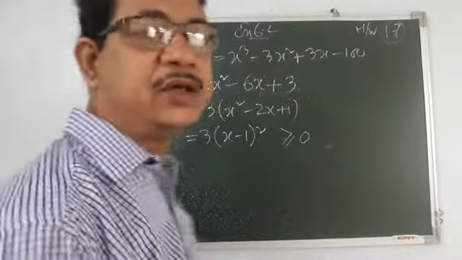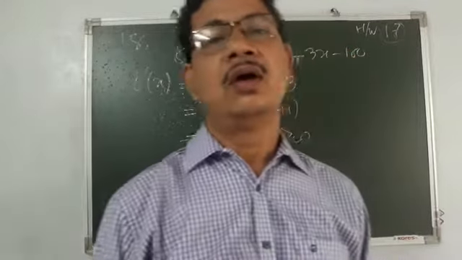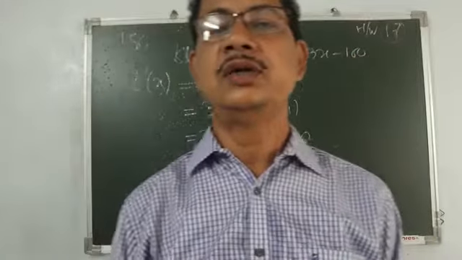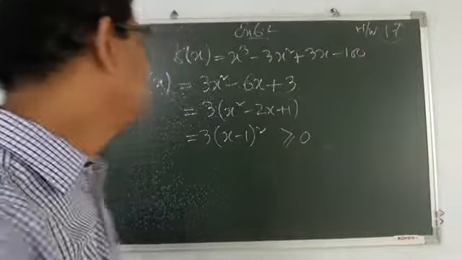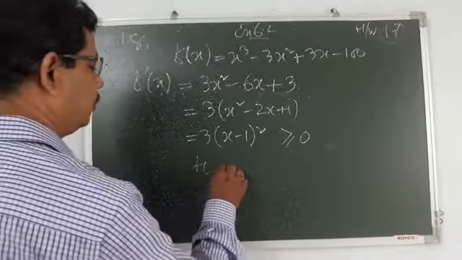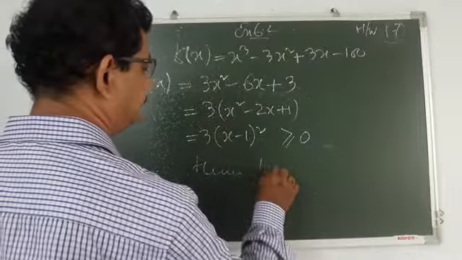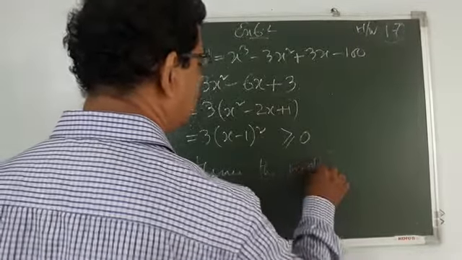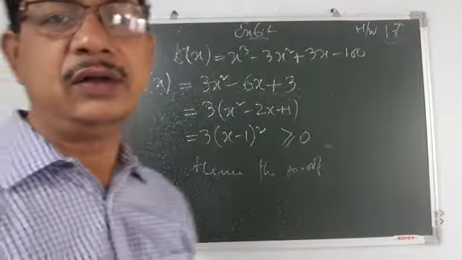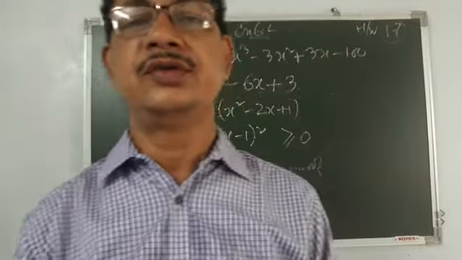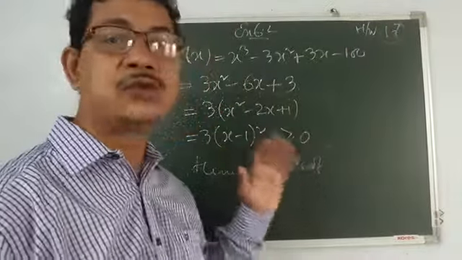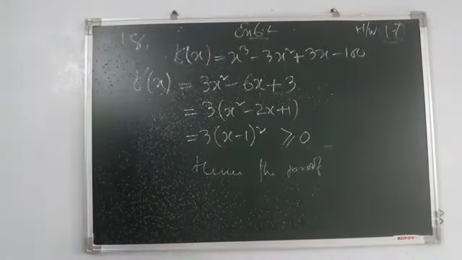So as it is positive only, we can say it is increasing on the real numbers. Hence the proof. We are able to find this without putting in values, just by noticing that it is a square, so it is an increasing function.